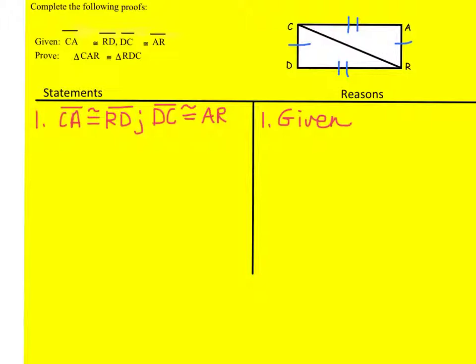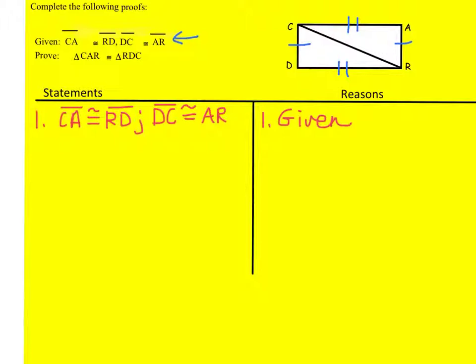I start going through my list. Do I have any words in my given that need to be written as symbols? And the answer is no. Do I have any vertical angles? I do not see the X shape, so no, I don't have any vertical angles. Do I have any parallel lines? Nope, nobody said anything about parallel lines.